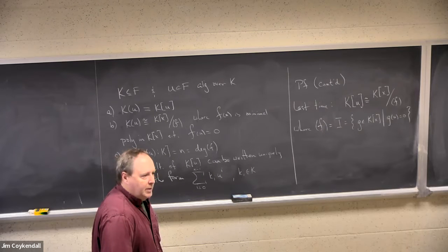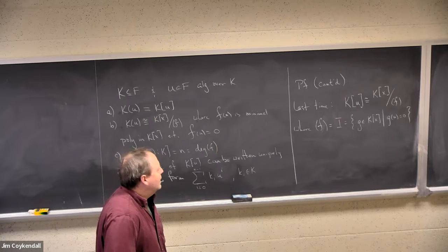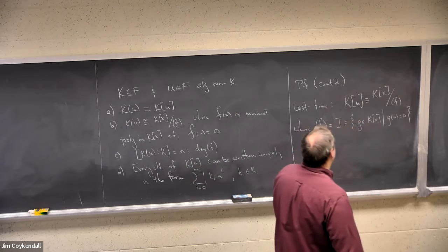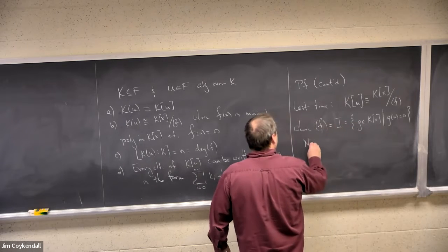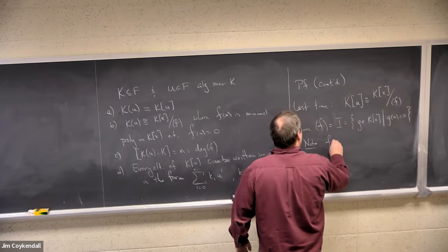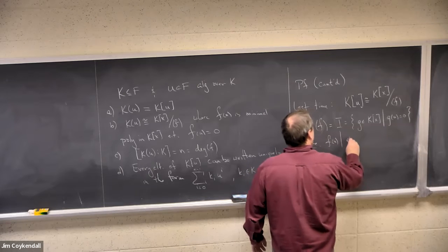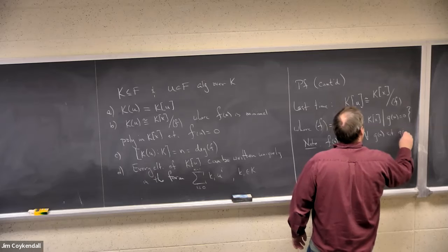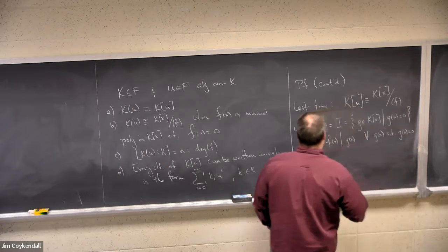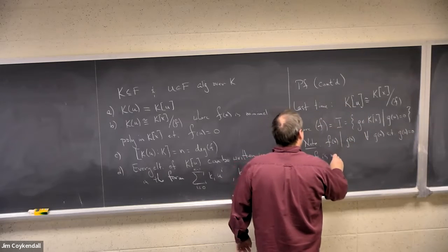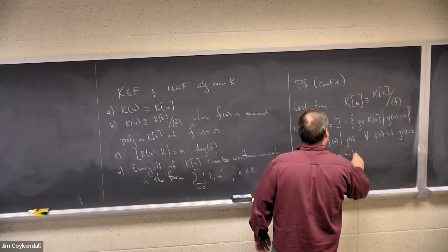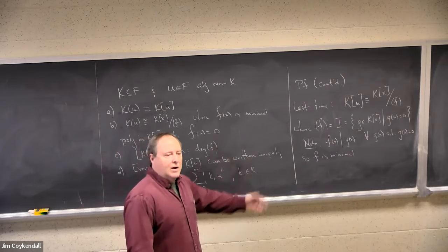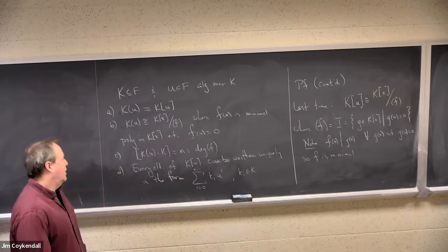Then we noticed that K[x] is a PID, so it's a maximal ideal. And it's a non-zero ideal because of the fact that u is algebraic. Note f of x divides g of x for all g of x such that g of u is 0. So f is minimal. It's the smallest degree polynomial such that f of u equals 0, because it divides every other polynomial that kills u.